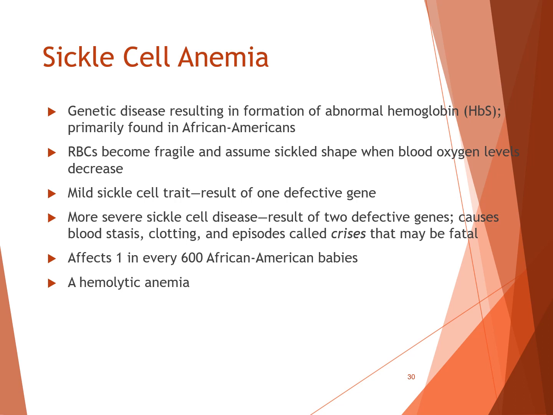So if a person inherits one defective gene, we refer to this as sickle cell trait. Those individuals probably don't have any symptoms at all. If we have an individual that inherits 2 defective genes, one from each parent, this is a more serious situation, which we refer to as sickle cell disease. Because of the severity of it, it can potentially lead to death.